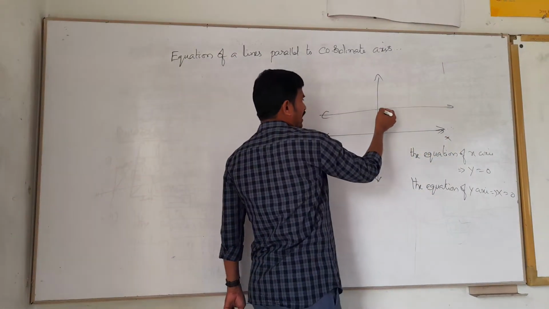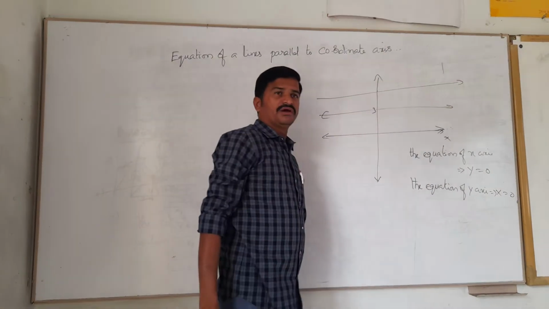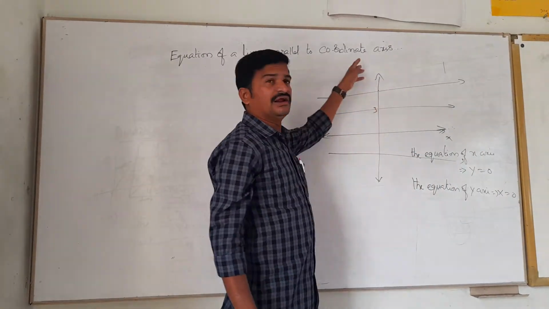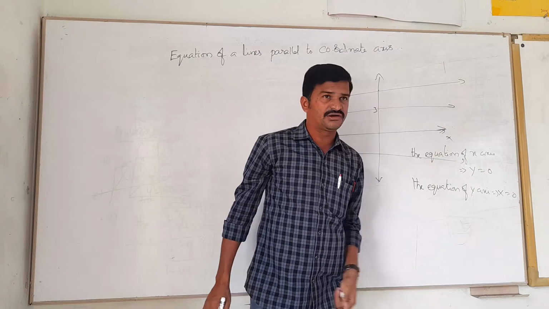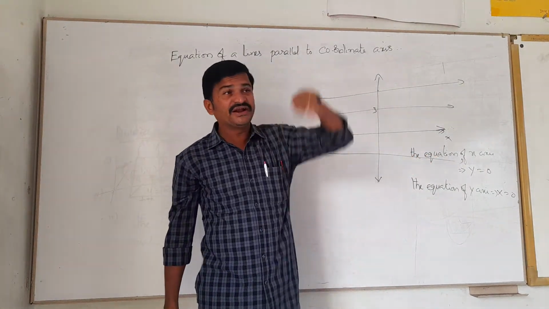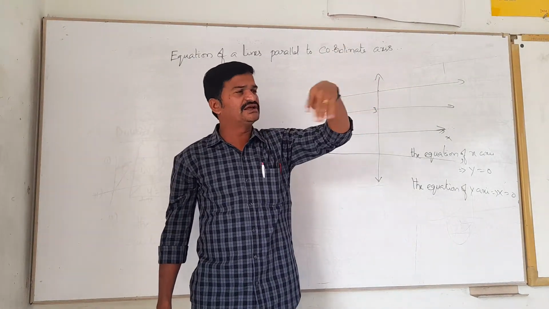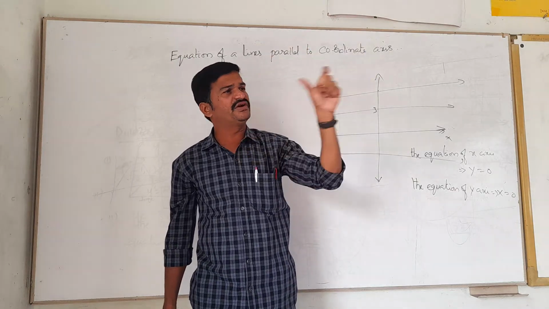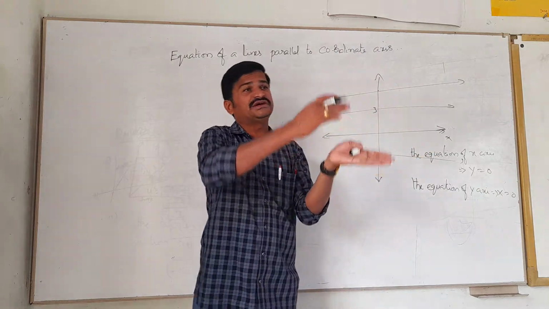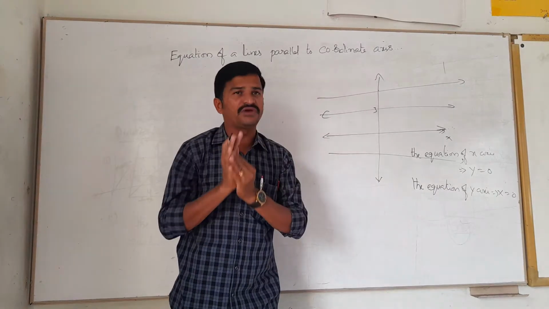Through 3, through 5, and through a negative value also we can draw lines. So infinite lines parallel to x axis, and every line has a different equation. But we cannot generalize with infinite names, so we have to give some fixed name.